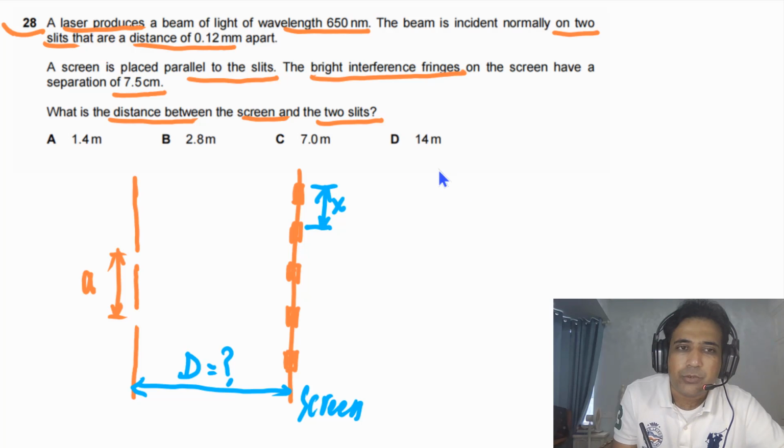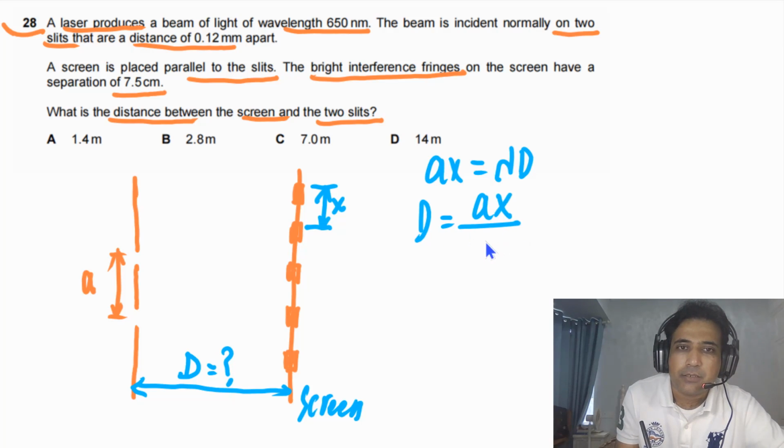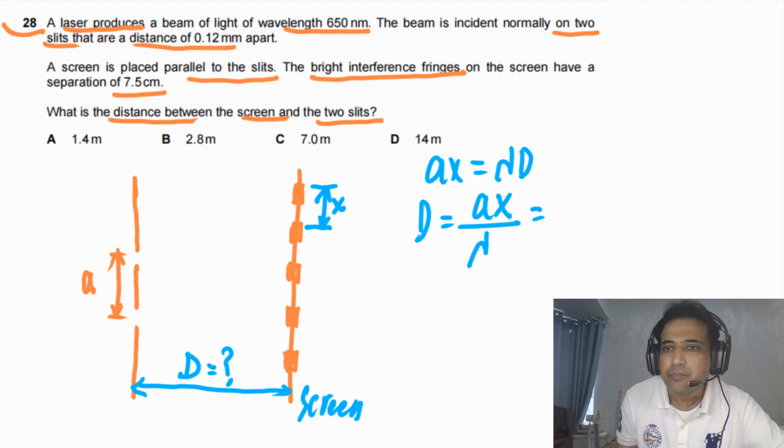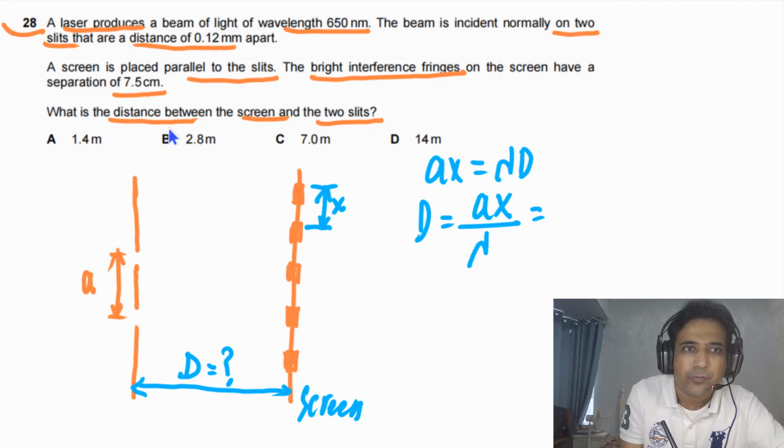For double slit we need to understand aX equals lambda times D. So D we need to find out. So this has to be equal to aX divided by lambda. In this case we have the value of a, the slit separation, given to us. So this is our value of a, this one is over X, and this is lambda.